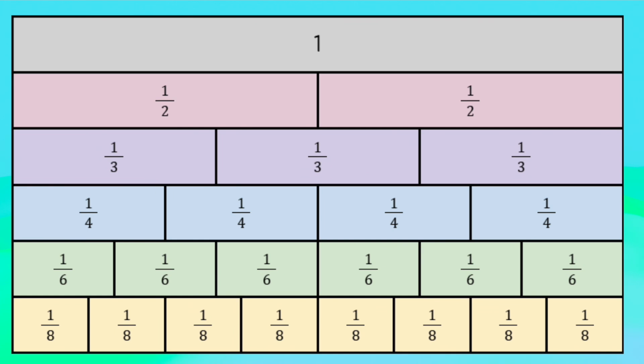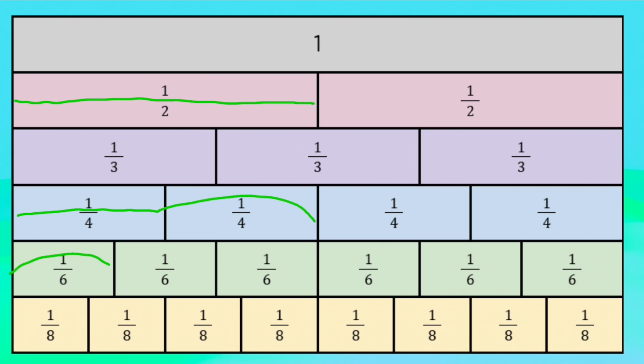Here we can see a chart that shows some common fractions, and you can very quickly see what some equivalent fractions are here. In the last example, we showed that 1/2 was the same as 2/4 was the same as 3/6.